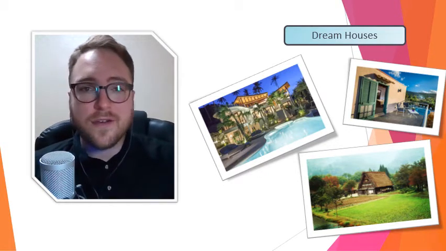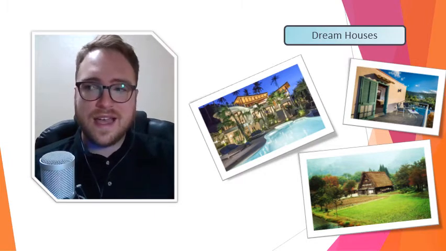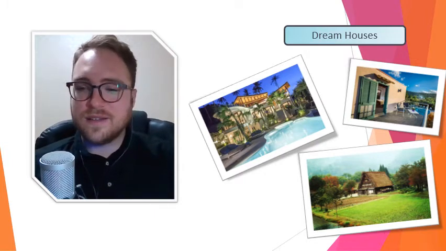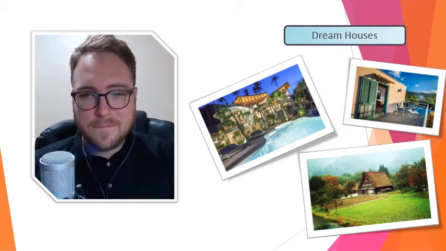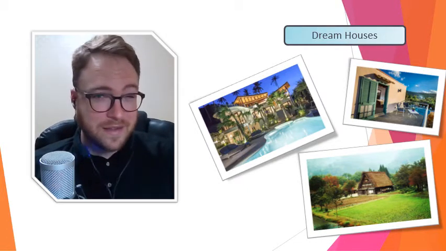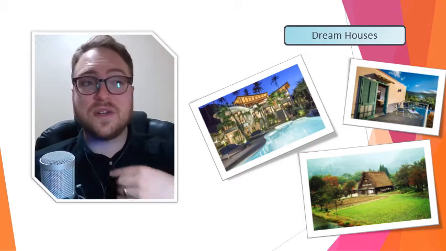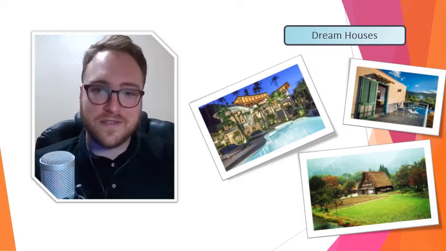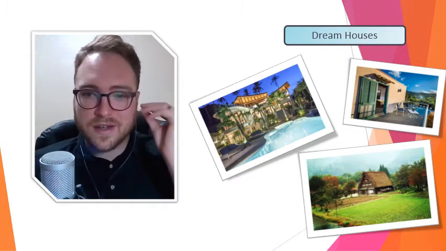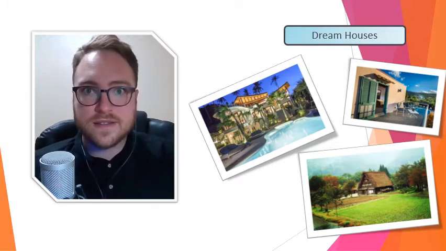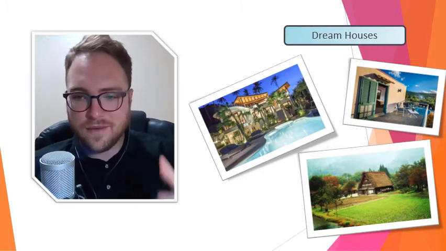I think it's a very interesting topic, and there is a lot to learn and a lot to talk about these houses because there's so many different kinds of houses. So let's go ahead. Let's talk about all the different kinds. There's so many. All right. So get ready.